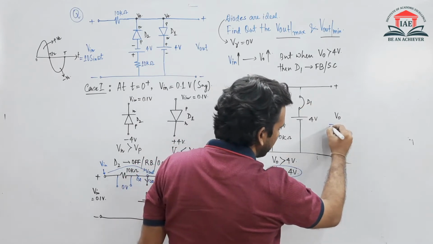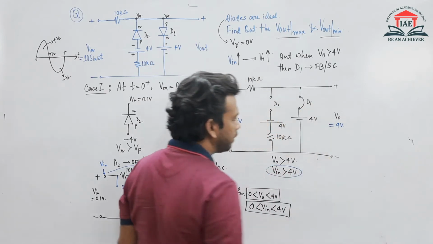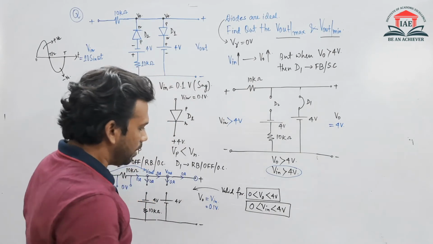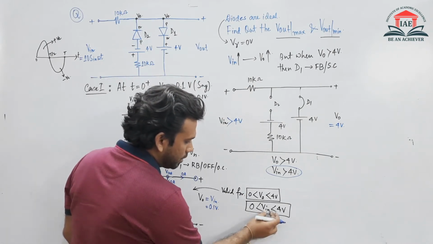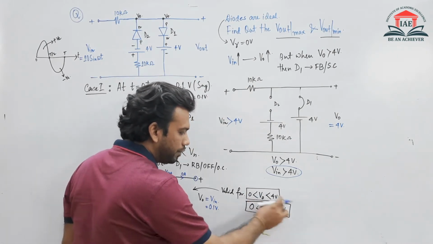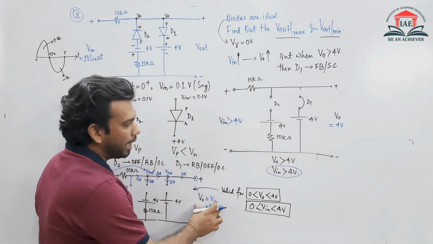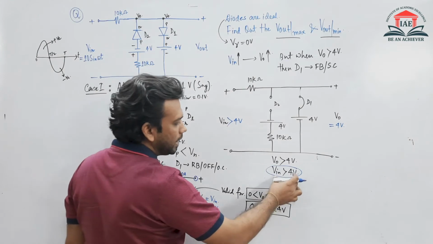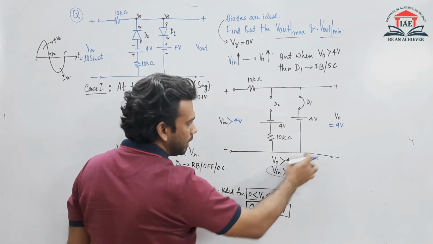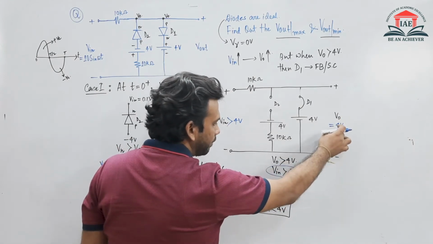So the output voltage will be 4 volt. That means whenever the input voltage is between 0 and 4 volt, the output voltage will be V input. And when the input voltage is greater than 4 volt, the output voltage will be 4 volt.